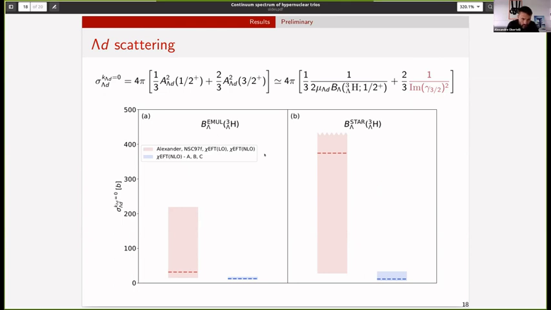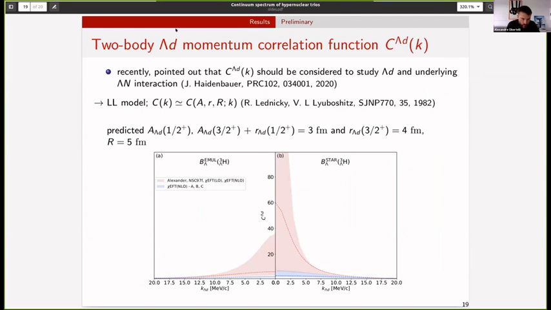Of course, this total cross section is not likely to be measured, but we can extract the lambda deuteron scattering length in both channels and put it into the Lednicky-Lyuboshitz model to calculate the lambda deuteron correlation function.